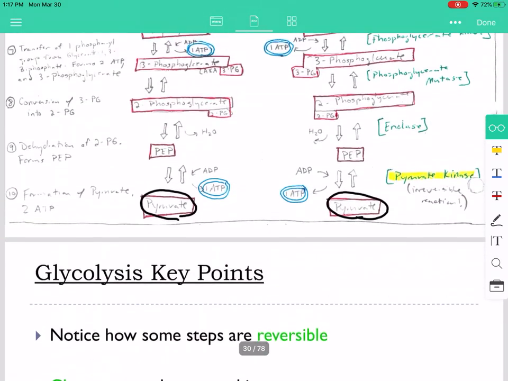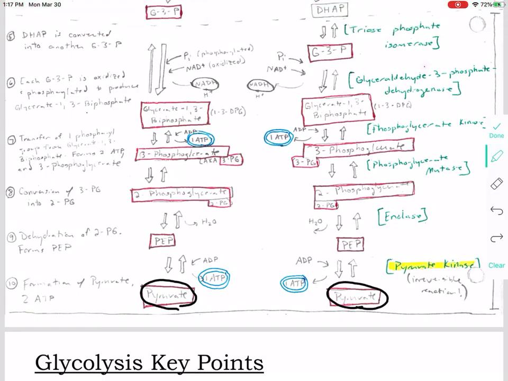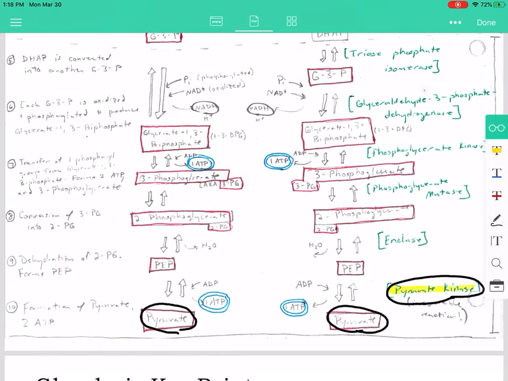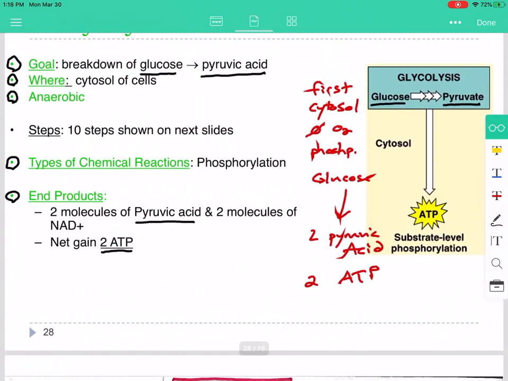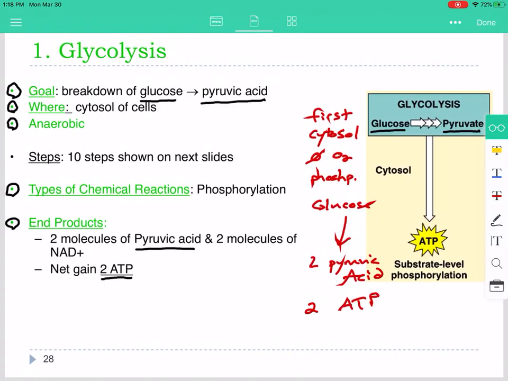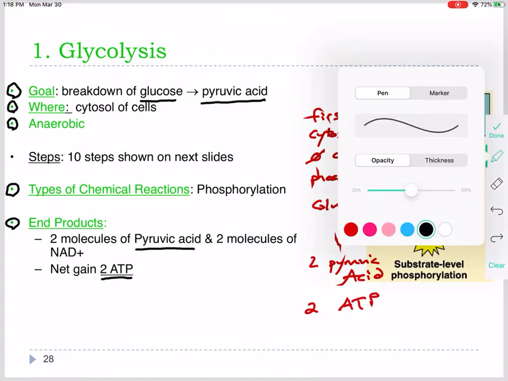One key enzyme that I'd like you to know is pyruvate kinase. Okay, pyruvate kinase. You can see I have it circled here. I'd just like you to be able to match up that it is pyruvate kinase that is one of the key enzymes in this series of chemical reactions.